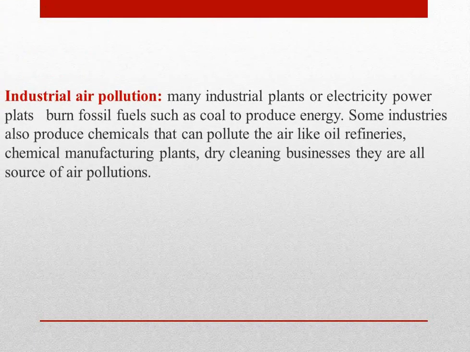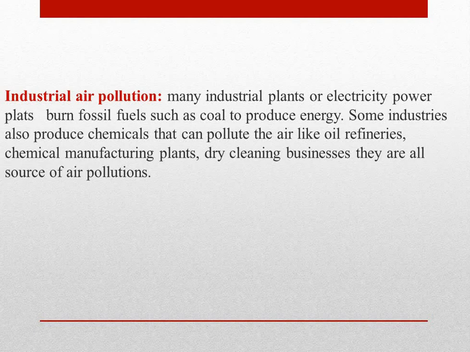Industrial air pollution. Many industrial plants or electricity power plants burn fossil fuels such as coal to produce energy. Some industries also produce chemicals that can pollute the air, like oil refineries, chemical manufacturing plants, and dry cleaning businesses.